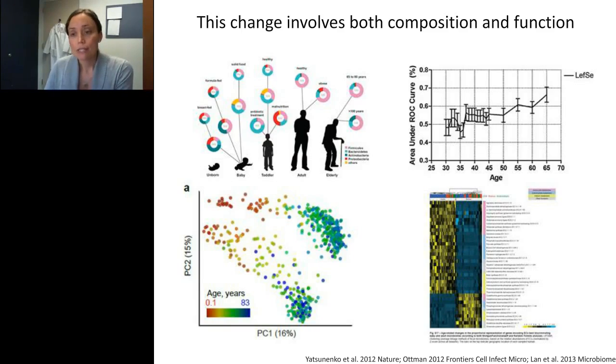If we take that same type of functional information from a shotgun metagenome, Lan et al. actually found that one can reasonably distinguish younger adults from older adults, suggesting that there is a young adult signature and an older adult signature that can be picked out from functional information of the gut microbiome.